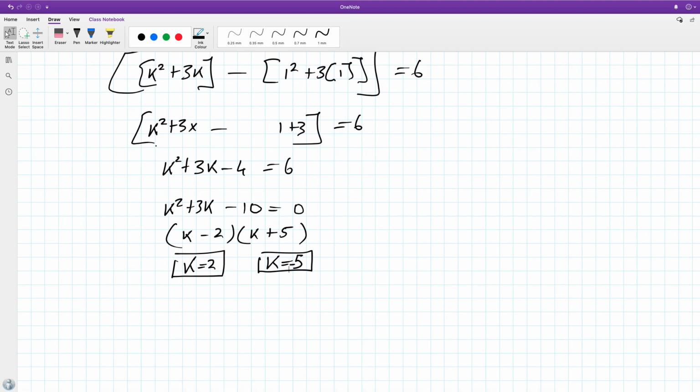Right, up here you had k squared, so we check 2 squared plus 3 times 2 minus 1 squared plus 3 times 1. See, does that give us 6?